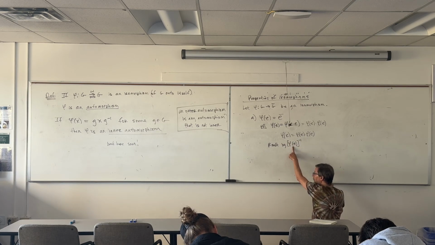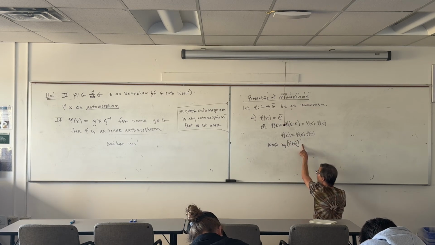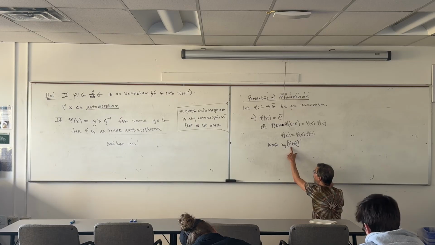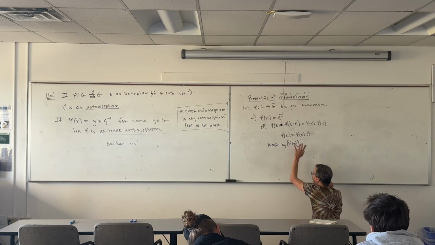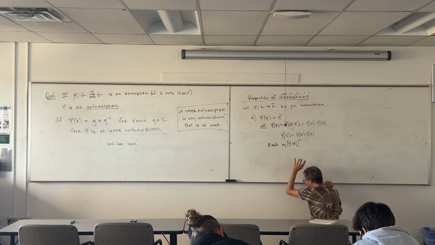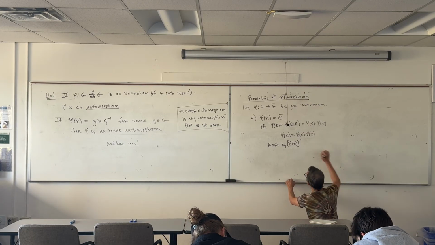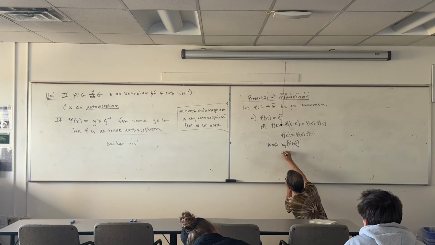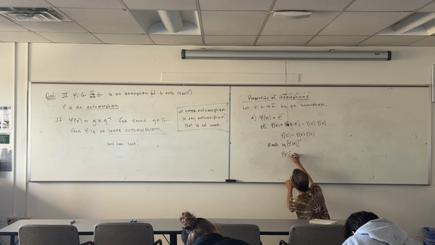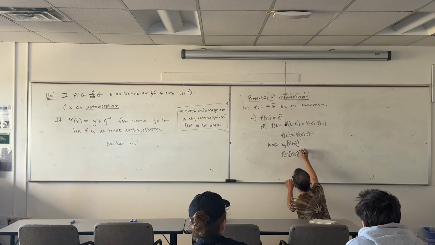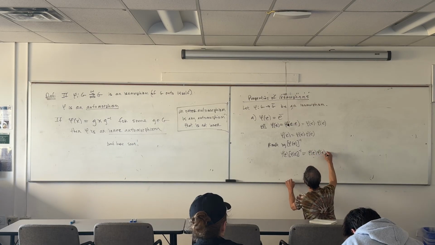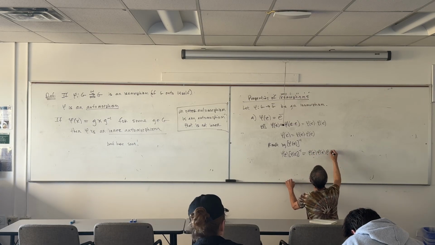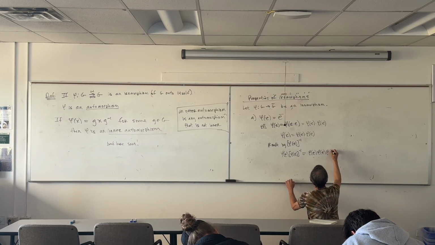So that's some element in G bar, and I'm taking its inverse. That's why I'm using these braces. It's not phi inverse of E. It's phi of E, the element in G bar, inverted with respect to the group product. And what we get is phi of E times phi of E inverse equals phi of E times phi of E times phi of E inverse.